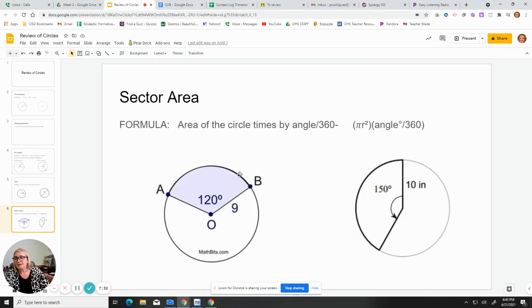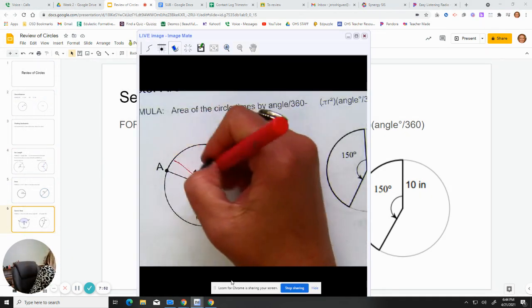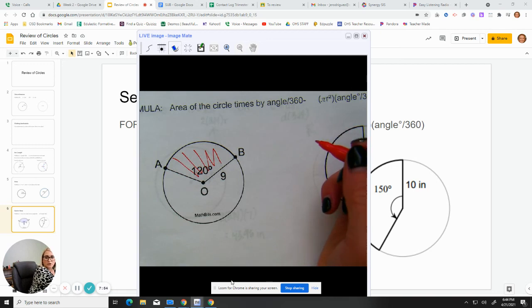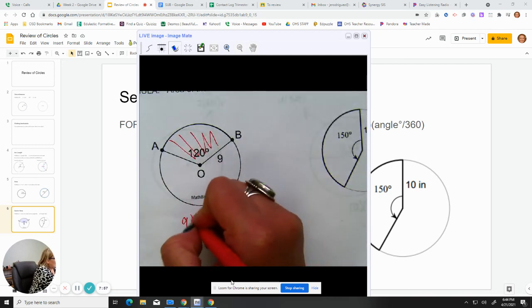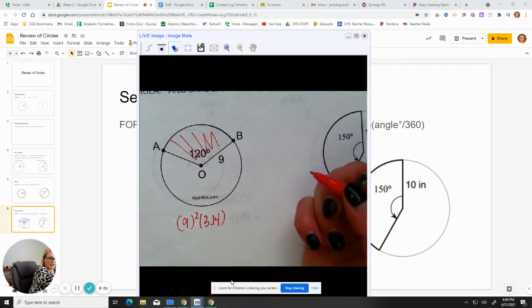And the last thing is sector area, which is using the area formula and using the chunk of the circle that it asks for. Okay, so area first, and then do angle divided by 360. So this first one asks us to find this area right here. So we're going to find the area, which is going to be 9 squared times pi, or r squared times pi.